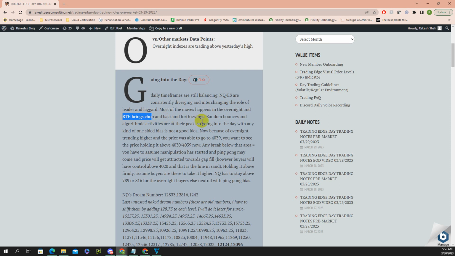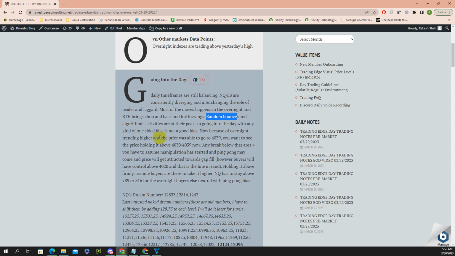That is what happens whenever you see overnight moves, like a 50-point run in ES or a one-way hold, buy or sell, doesn't matter. Most likely RTH will be difficult to trade. Random bounces and algorithmic activities are at their peak. I used the words random bounces and algorithmic activities today. So going into the day with any kind of one-sided bias is not a good idea.